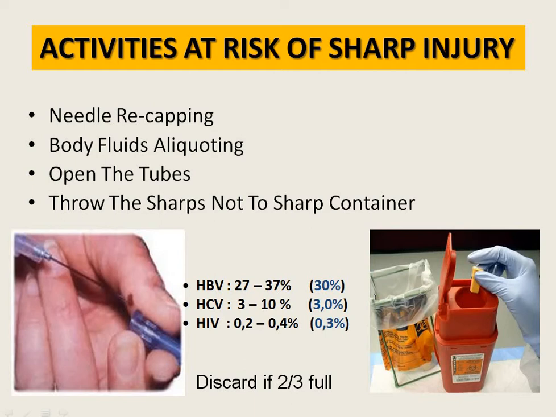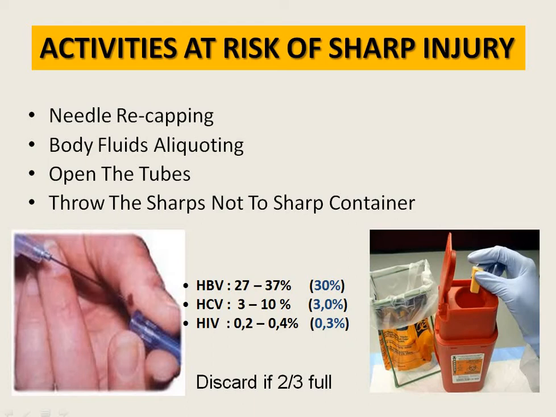So as we see, the HIV risk is low, but the fear of infection is highest for HIV, because it is a taboo or stigma among people and the community, and people are still not aware of how we can avoid infection. But if we want to limit the risk of sharp injury, we should stop needle recapping.